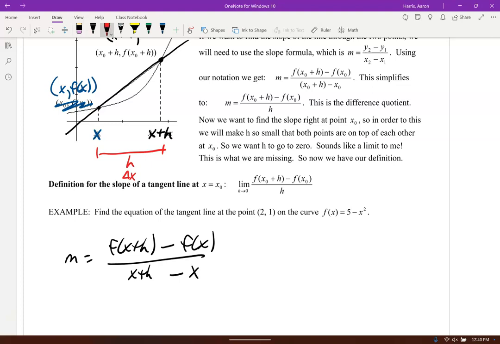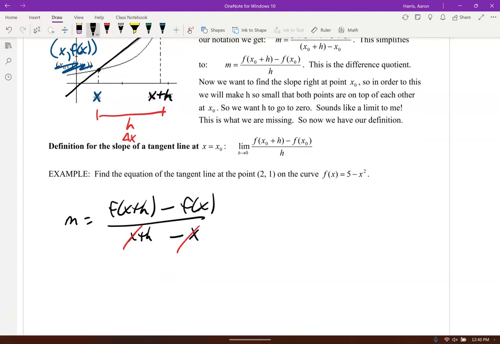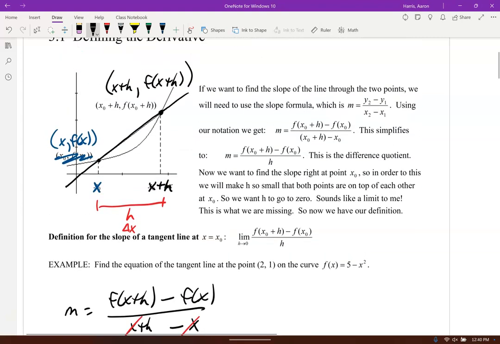Well, if you notice, these x's cancel. And so my slope between those 2 points just ends up being f of x plus h minus f of x, all over h. And that's the slope through those 2 points right there.